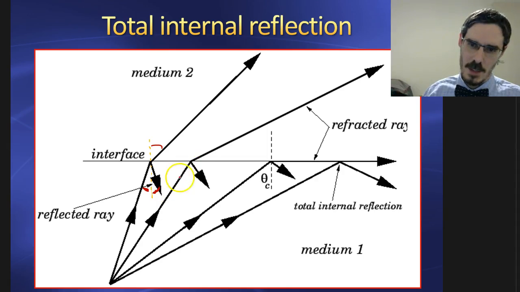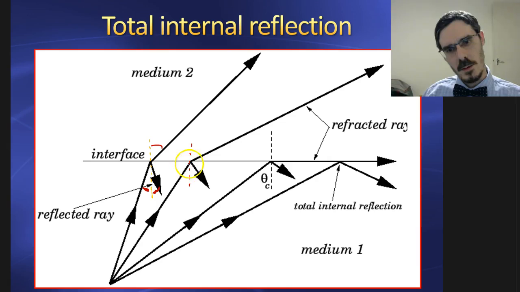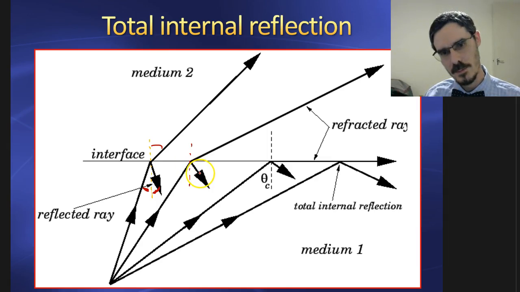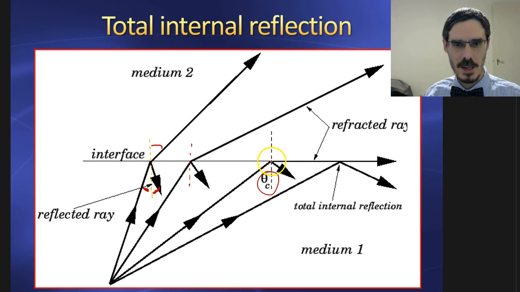Okay, a light ray comes in a bit further from the normal. The angle will still refract even further away from the normal, and some of it will reflect. But at a certain point, called the critical angle, the light ray coming in will refract exactly along the surface.